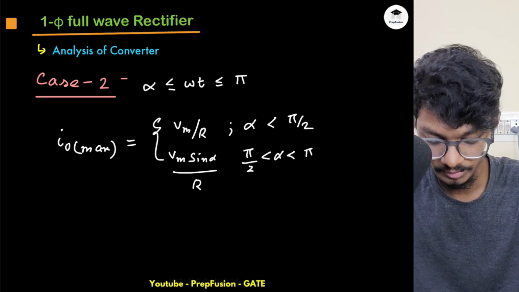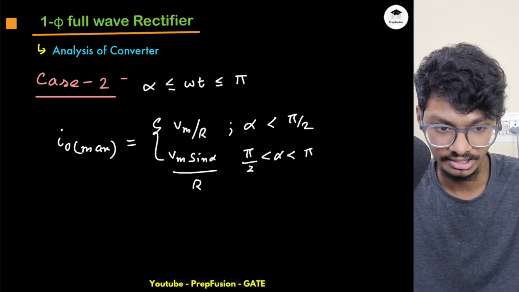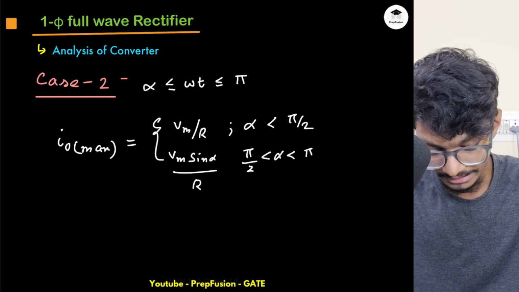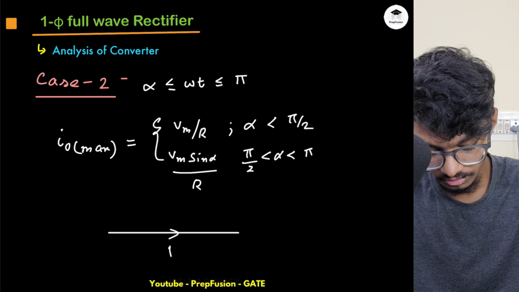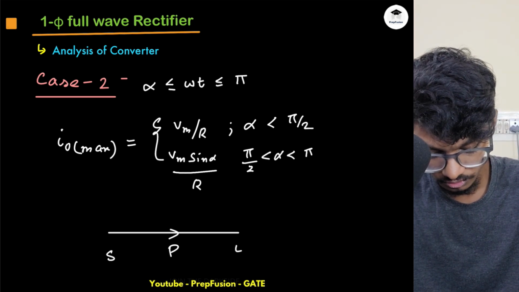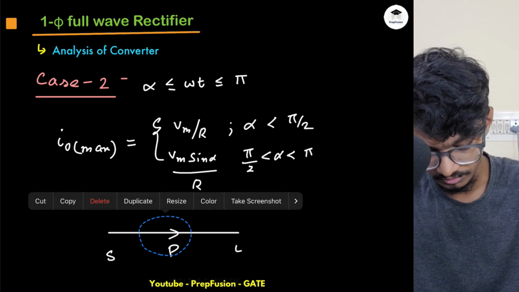So the maximum voltage will be Vm sin alpha, and after that it will reduce, so the maximum current will also be Vm sin alpha by R. And here, what is the direction of the power flow? The direction of the power flow is from source to load.